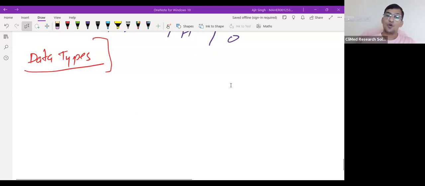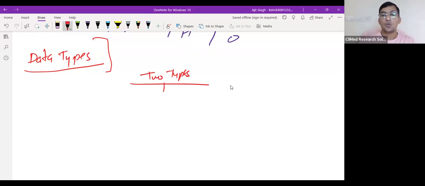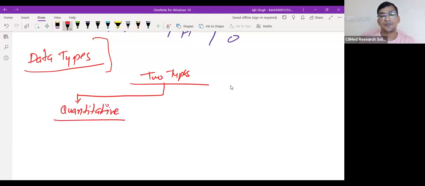So overall, there are 2 types of data. One is quantitative. Okay, another one is qualitative.